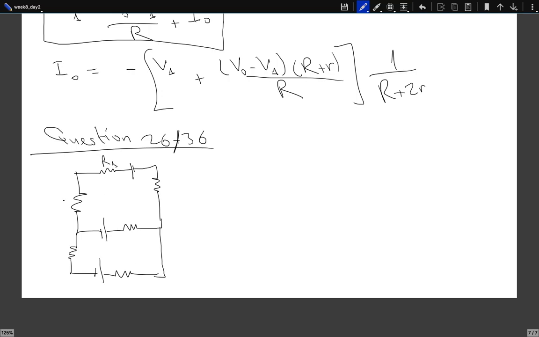So let's say this is R1, R2, R3, R4, R5, R6. So this is I3, this is I2, and this is I1.